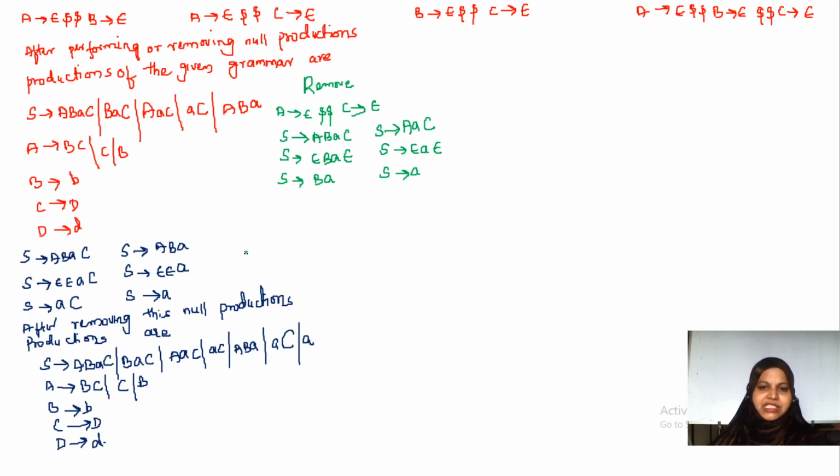Any other production there? With A and AC, any production there? No. In A, BC is there? Nothing is there. So after removing the null production, what are my productions?